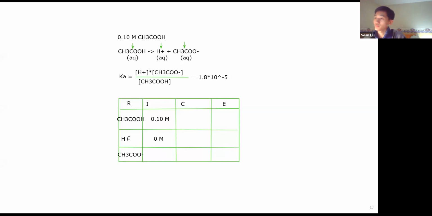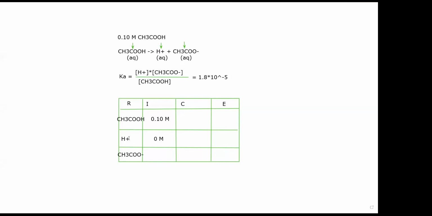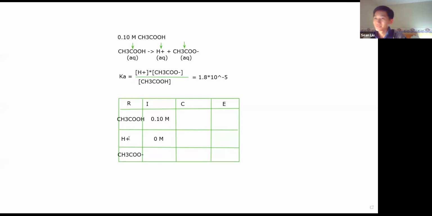So we're going to start out with 0 H pluses. Of course that's not true. We start out with 10 to the negative 7th H pluses, and that's because water separates by itself. Remember, water separates into H plus and OH minus. So we do have some tiny bit of H plus, but it's so extremely small compared to 0.1 that we don't even consider it. At least we can estimate it to be 0.